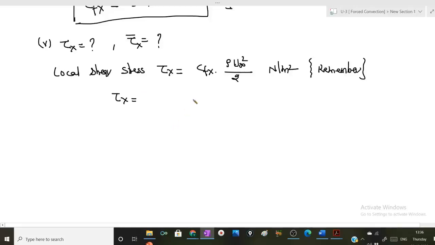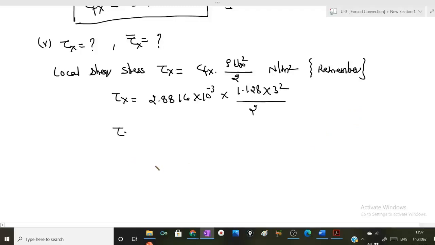So the value of CFX I have calculated as 2.8816 into 10 to power minus 3. Value of density is 1.128. Value of u infinity is 3 square over 2.